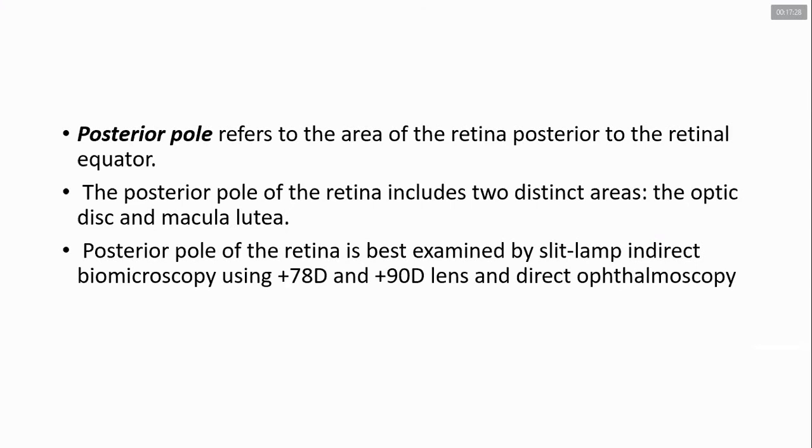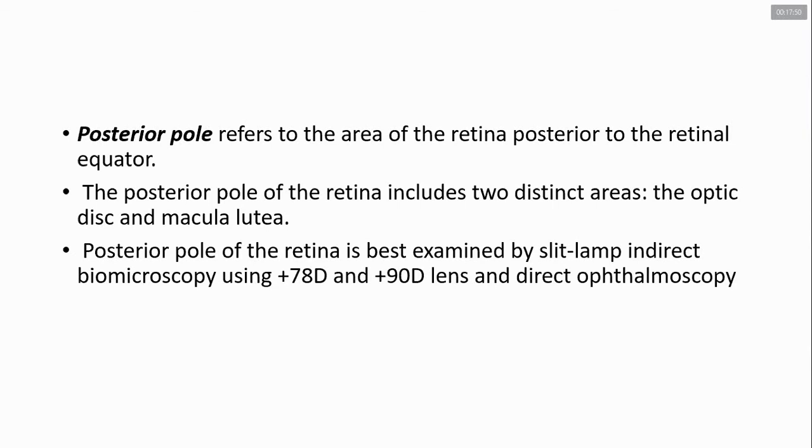Posterior pole of the retina is best examined by slit lamp indirect biomicroscopy using plus 78 diopter and plus 90 diopter lenses, and direct ophthalmoscopy. So at the posterior pole, minute things like microaneurysms are more clearly seen with the direct ophthalmoscope.